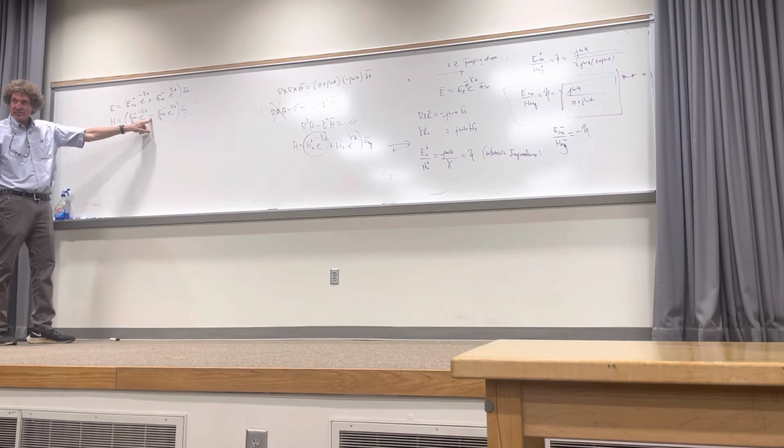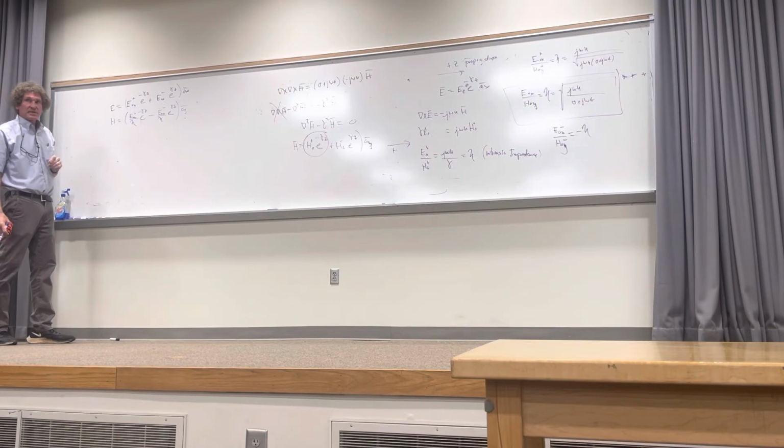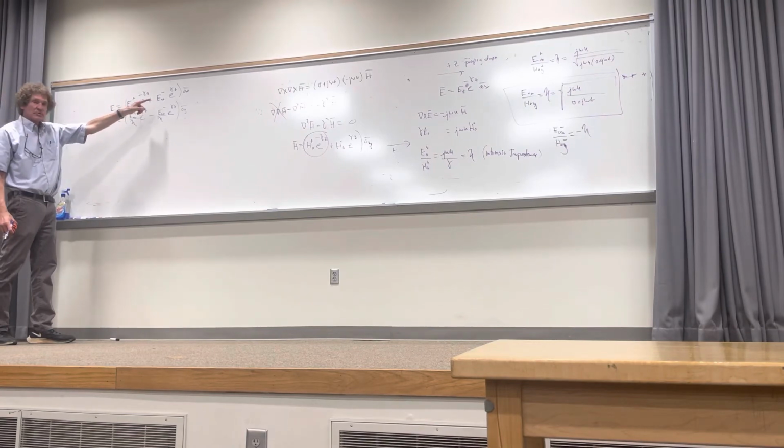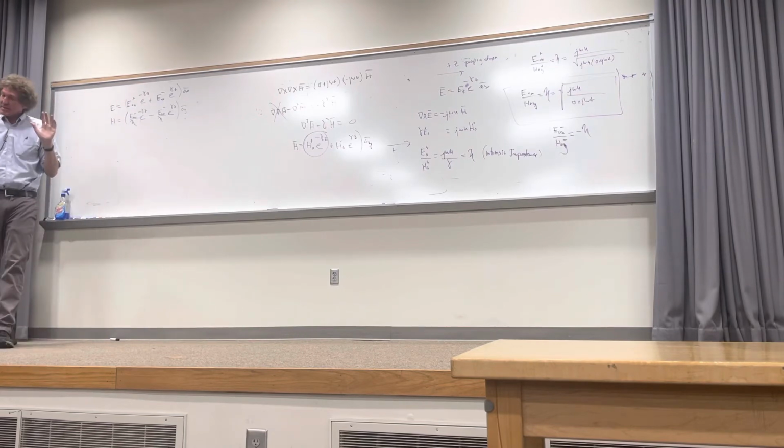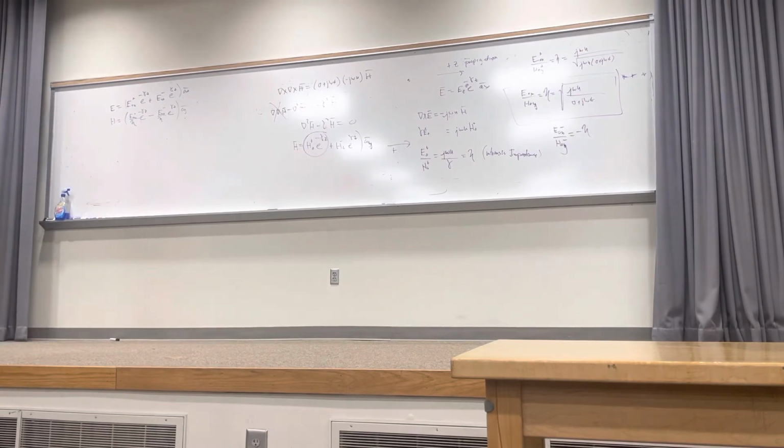Follow me on this, class? These are the two equations that describe E and H that have both forward and reverse propagation for fields propagating in the Z direction, the E field's oriented in X, the H field's oriented in Y. Do y'all follow me on this?